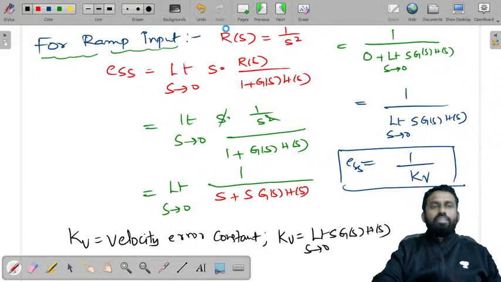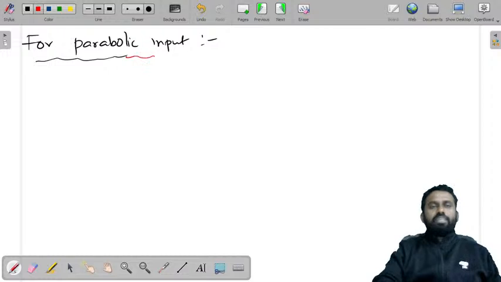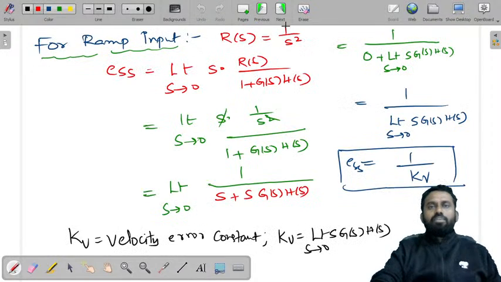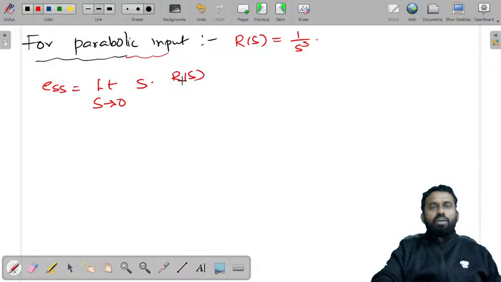Similarly, for parabolic input, what is the input in this parabolic input? R of s is equal to 1 by s cube. So when you write this, ess is equal to limit s tends to 0 of s into R of s by 1 plus g of s into h of s.